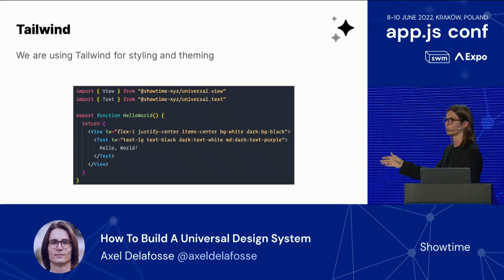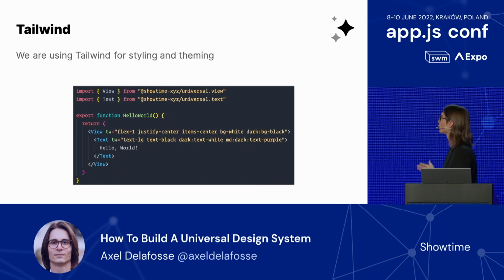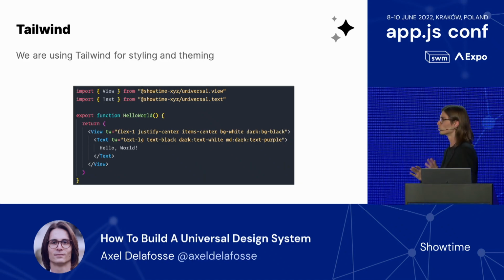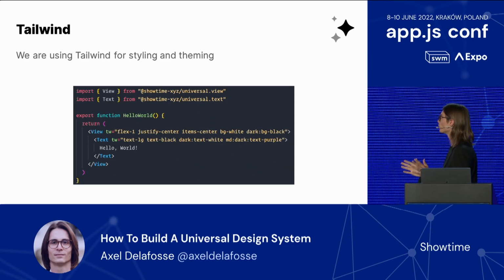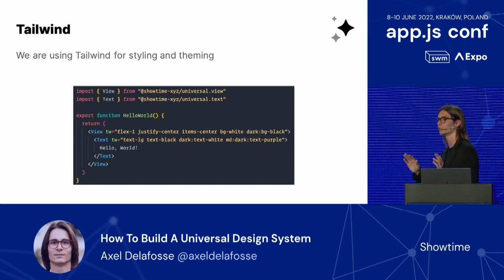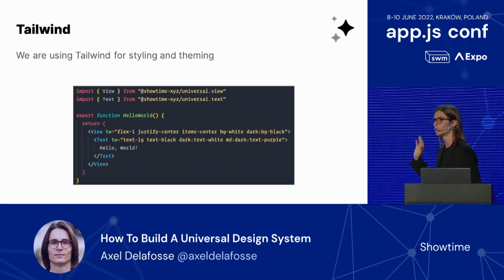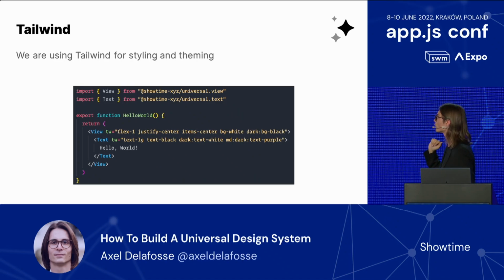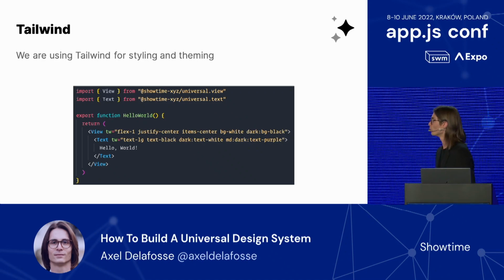And right now we use Tailwind because it's a very nice solution for us to do styling and theming. And it's very much how we want it to be for now. Eventually we won't care about styling and theming, it's all about unstyled components, but for now you can just use Tailwind as we do, which is very much recommended.